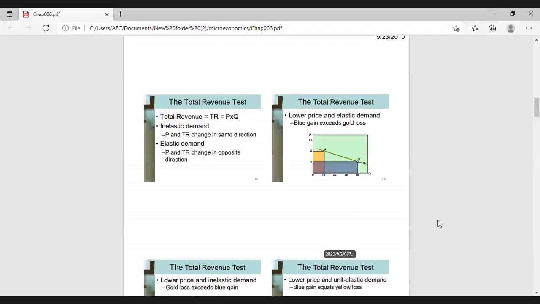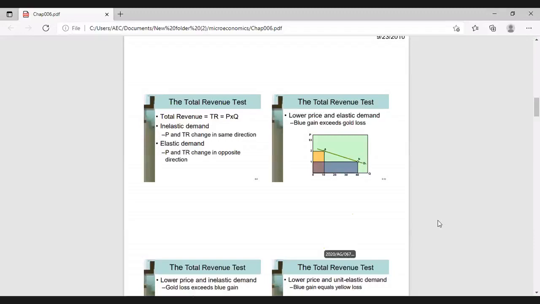Then that commodity's demand is elastic demand. If our response is more for a price change, we say that is elastic demand. So if the price increases and total revenue decreases, in opposite directions, then that particular commodity's demand is elastic.